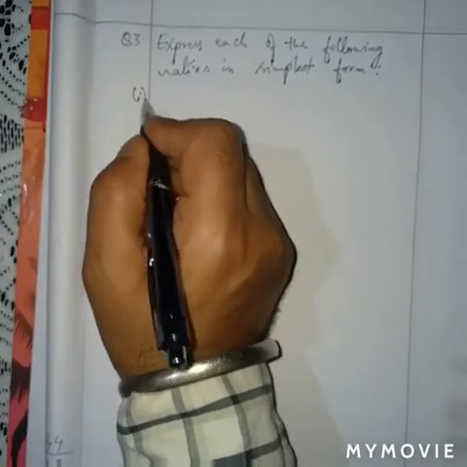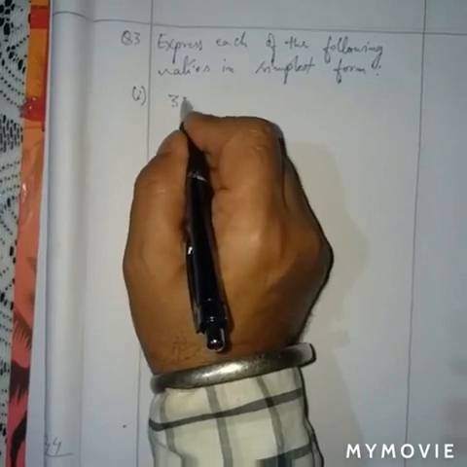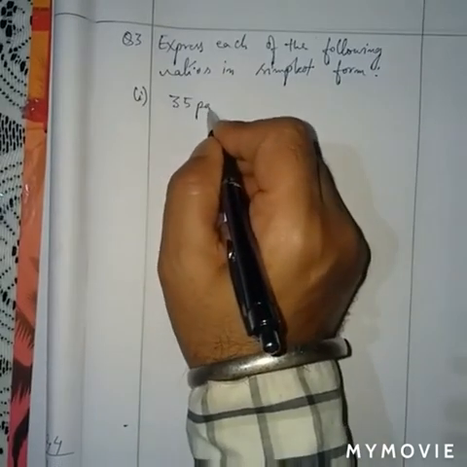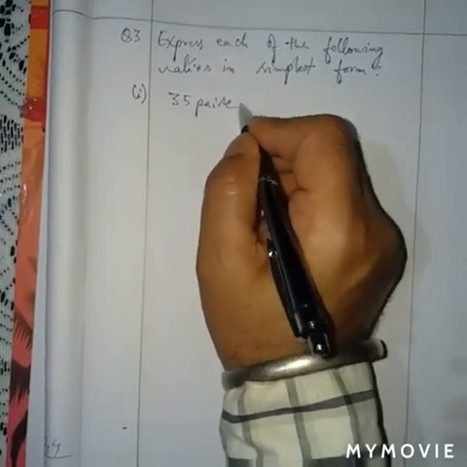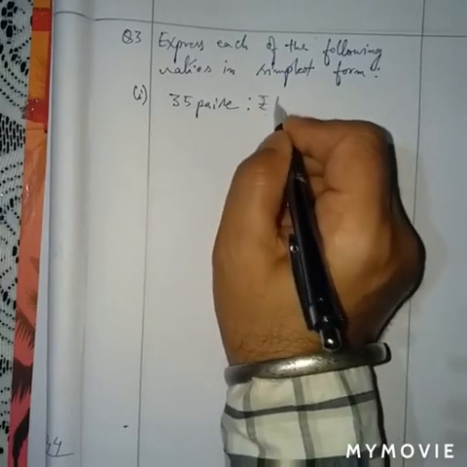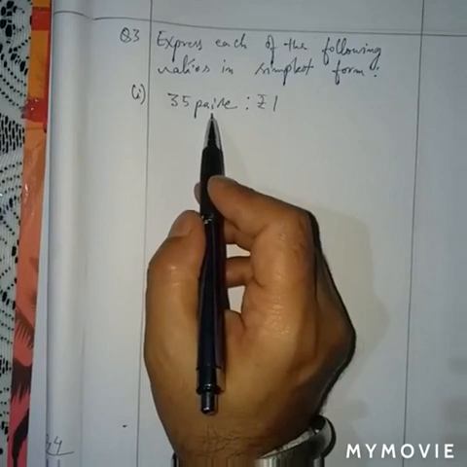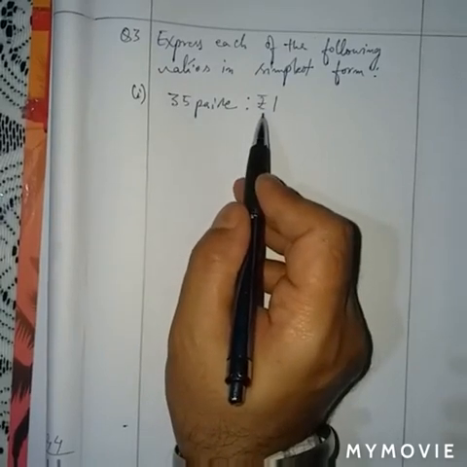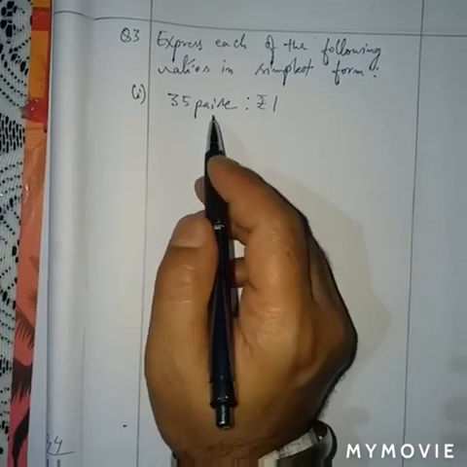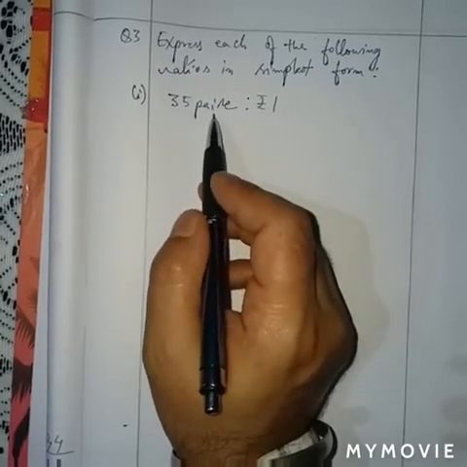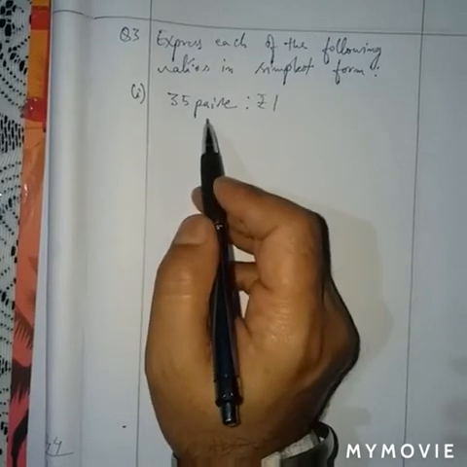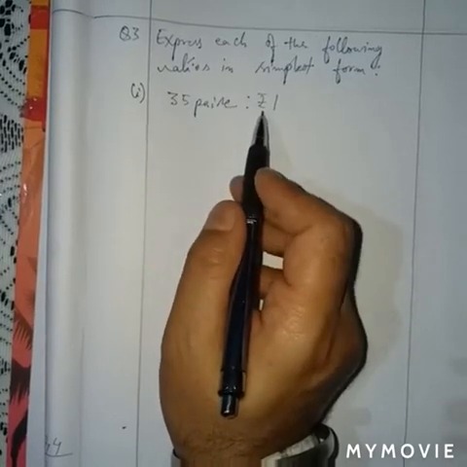Question number 1, 35 paise is to 1 rupee. Here this is in paise and this one is in rupees. So first we have to change the units. Both are money, but the units of these two are different. Let us make the units the same.